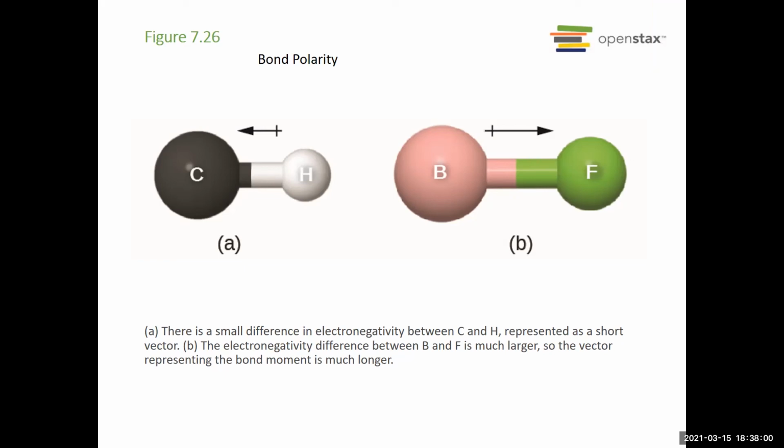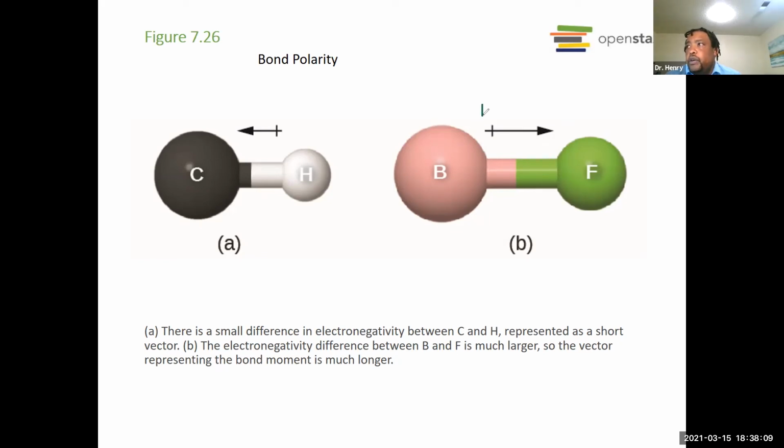Okay, fluorine is going to be much larger compared to boron, so it's going to have a stronger pull towards that electron. So the pull, or the dipole moment, is going to be pushing towards the fluorine. Questions? Okay. So the dipole moment is going to be going towards the fluorine in that case.